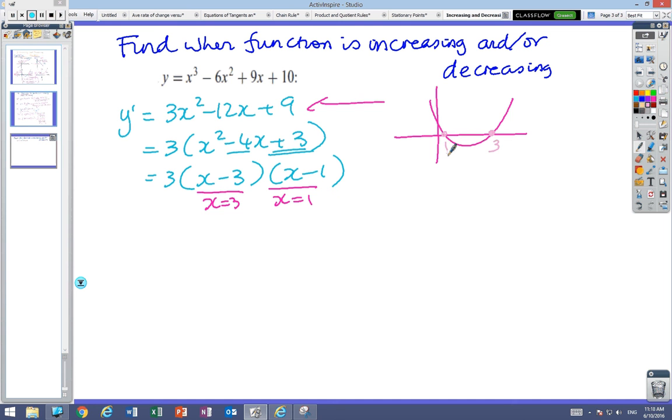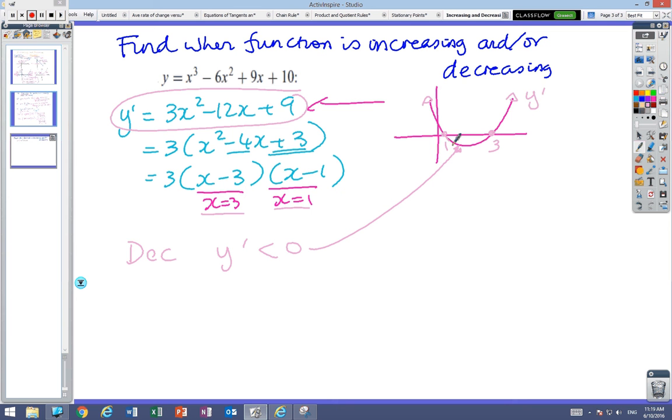So the intercepts are 3 and 1. It's going to be decreasing when it's negative, and this section here. Here we're plotting y dash. We're not plotting y, we're plotting y dash.